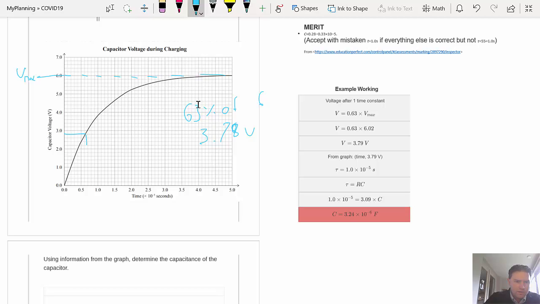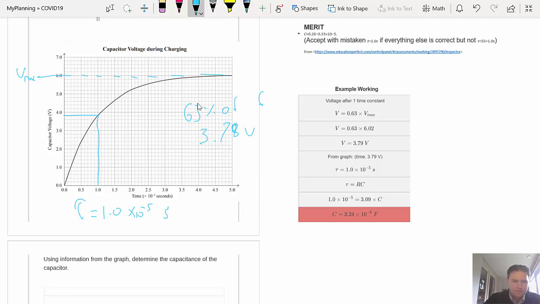I come down. How about I try that again? That's 3.8 volts. Okay, so we're getting a time constant, tau, equals 1.0 times 10 to the minus 5 seconds, and a lot of you missed it.